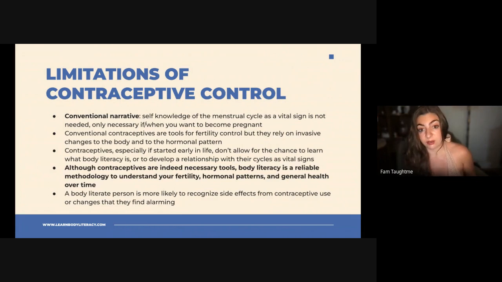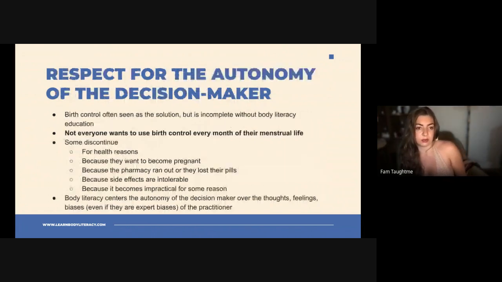But what I find with a lot of my clients, especially ones that were quote unquote put on birth control from a young age, is that they feel like they do want to learn body literacy. So a lot of them are coming to me saying, I feel separated from myself in some way. So it's just interesting to note that.